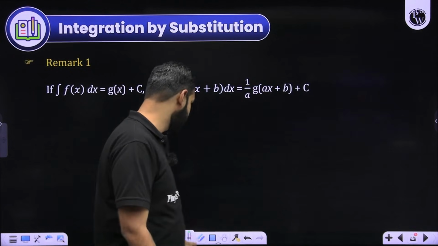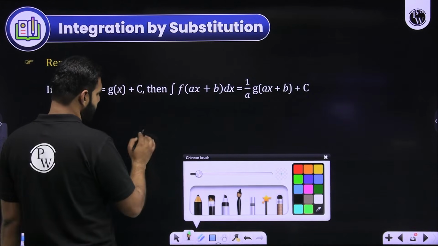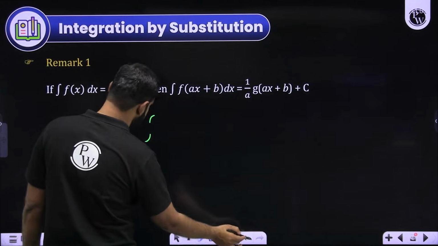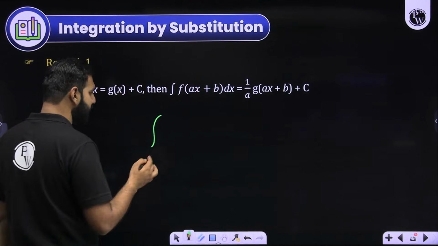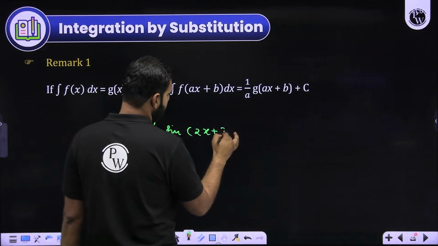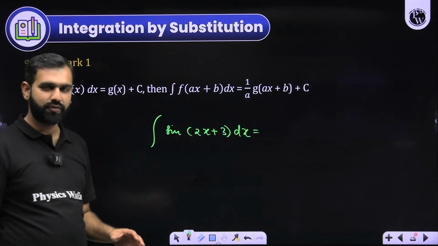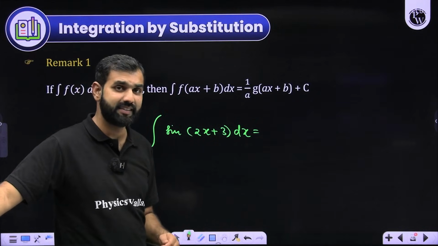What I'm trying to make you understand is a very simple result. Let's say I ask you to integrate sine of 2x plus 3. Now can you help me with the integration of sine x? We know the integration of sine x is minus cos x.